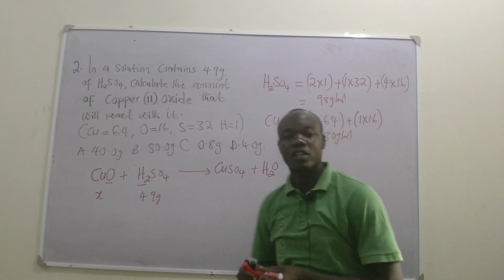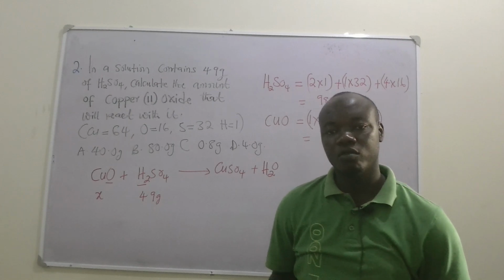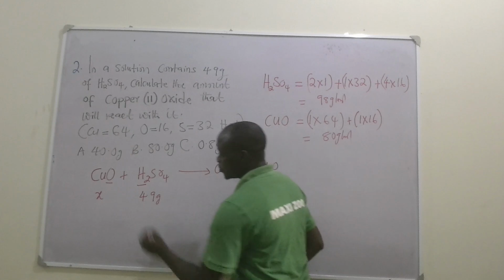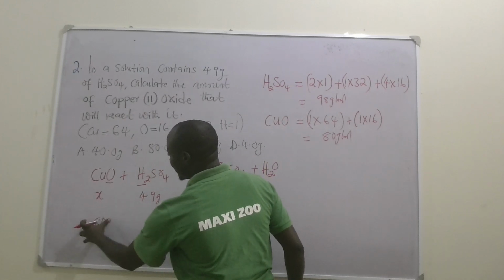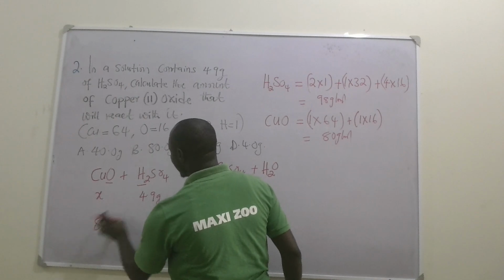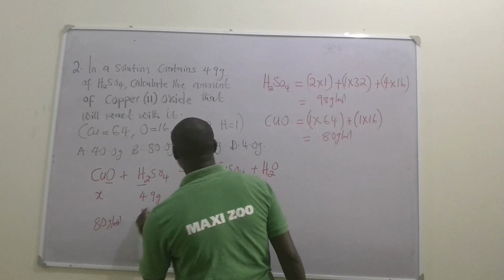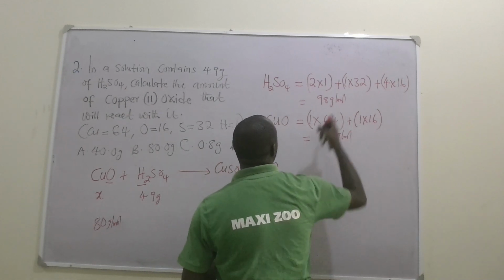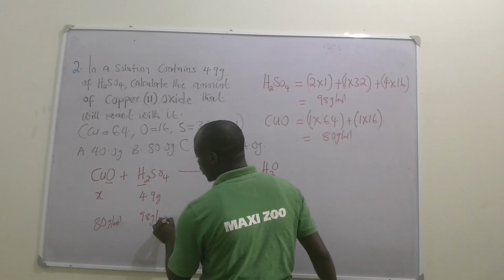So now we were able to calculate the molar mass of H2SO4 and of copper oxide. We put 80 grams per mole under copper oxide, and of course the molar mass of H2SO4 is 98 grams per mole.